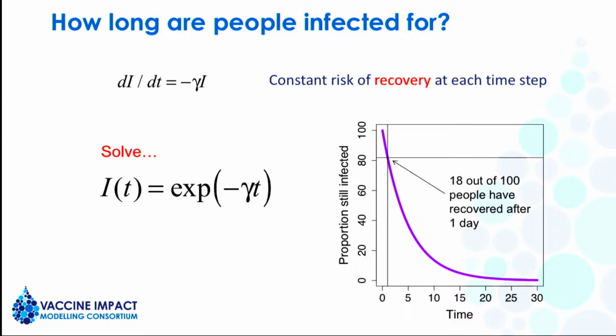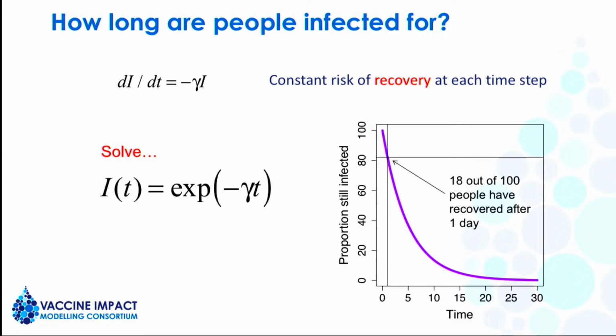So here we're thinking about our infected individuals and how they change over time if we ignore the infection process. We've got people in the infected class. How long are they going to stay there? What's their average time being infected?